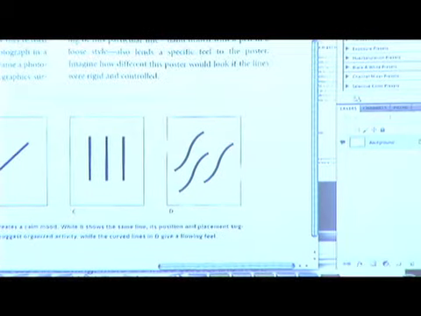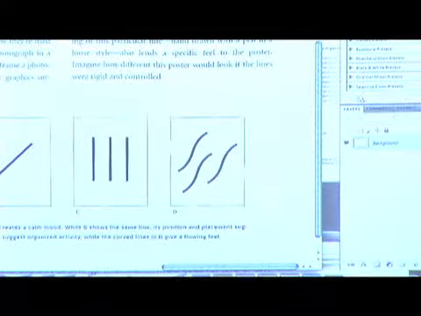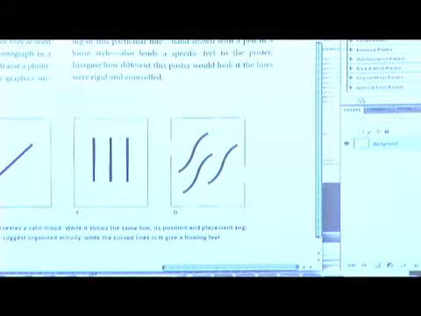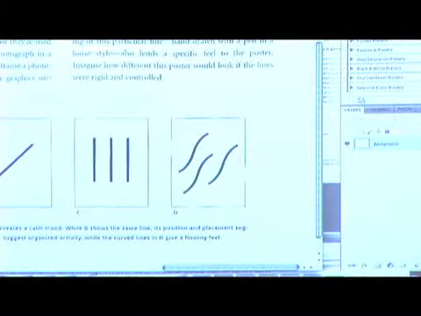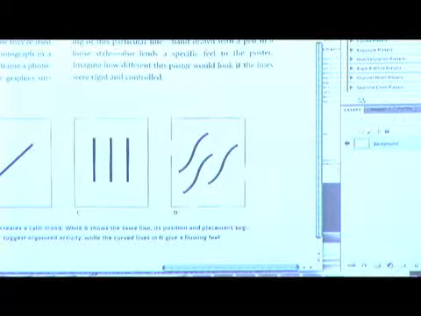And what about the last one, the wavy, curved lines? Usually you use this kind of line when you want to imply what? Water, exactly.